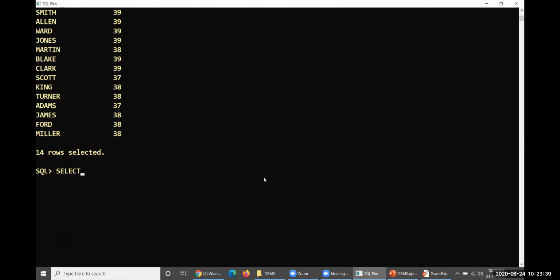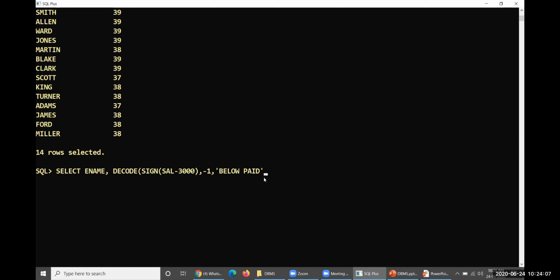So select employee name, E name, must be there, followed by decode. My condition here is SIGN of salary minus 3,000, as 3,000 is our break-even point. So there is a possibility to produce -1. If it is -1, the output is below paid.